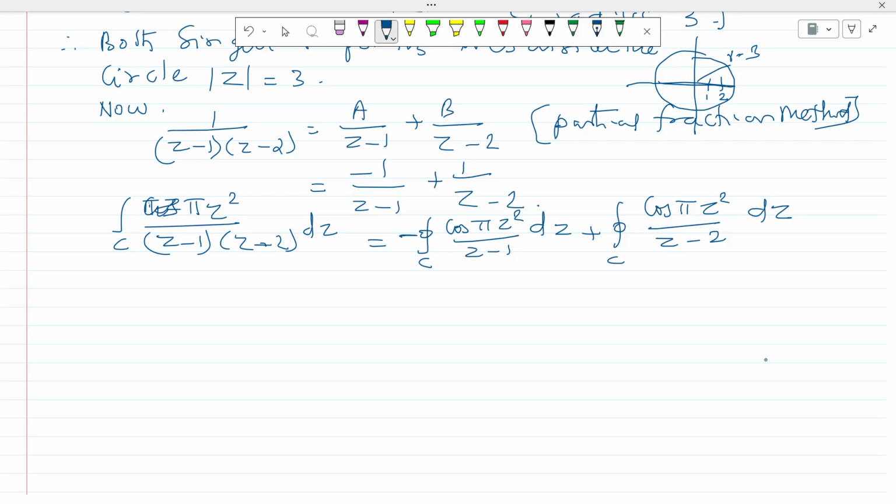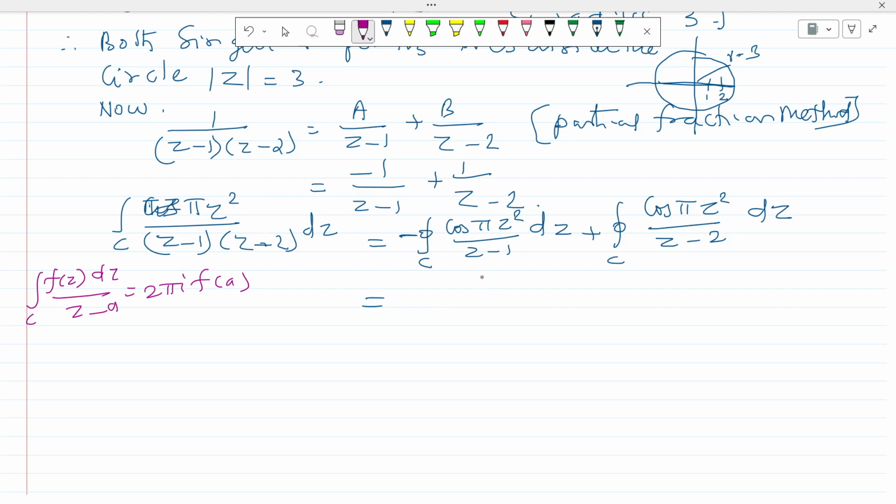Okay, so what is the value of the integration? By using the Cauchy integral formula. What is the Cauchy integral formula? The integral over C of f of z dz divided by z minus a equals 2 pi i times f of a.